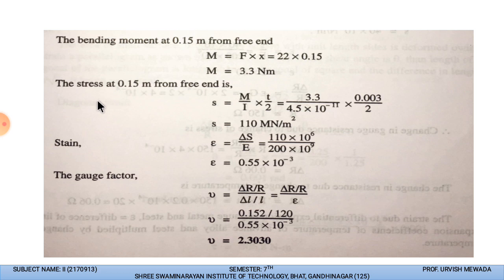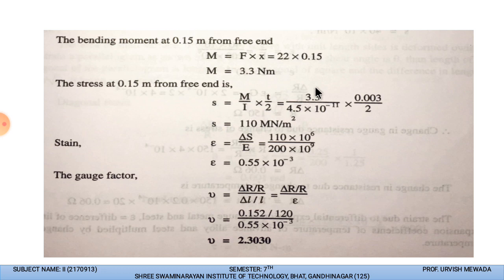So the stress at point 0.15 meter from free end is, stress equation S is equal to bending moment divided by moment of inertia into T by 2. From this equation we have all the values.